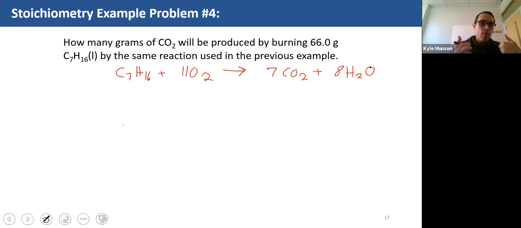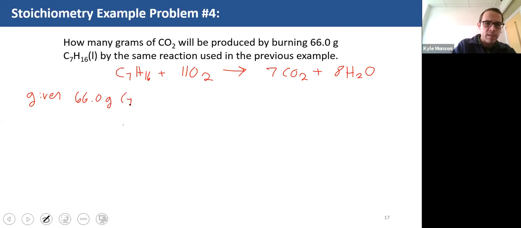So the path is pretty much the same, except now we want grams of CO2. So again, I'm given 66.0 grams C7H16, and I want grams CO2.